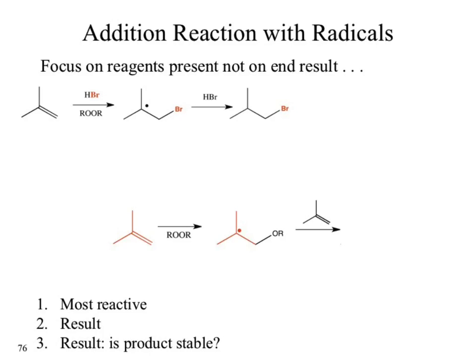What is that radical likely to encounter? Another pi bond, which would mean we generate another radical, which would interact with another pi bond, which means another radical. When does it end? It doesn't. Okay, what we end up forming is what's known as a polymer. Okay, so you'd be looking at polymer chemistry. You can still see those results.